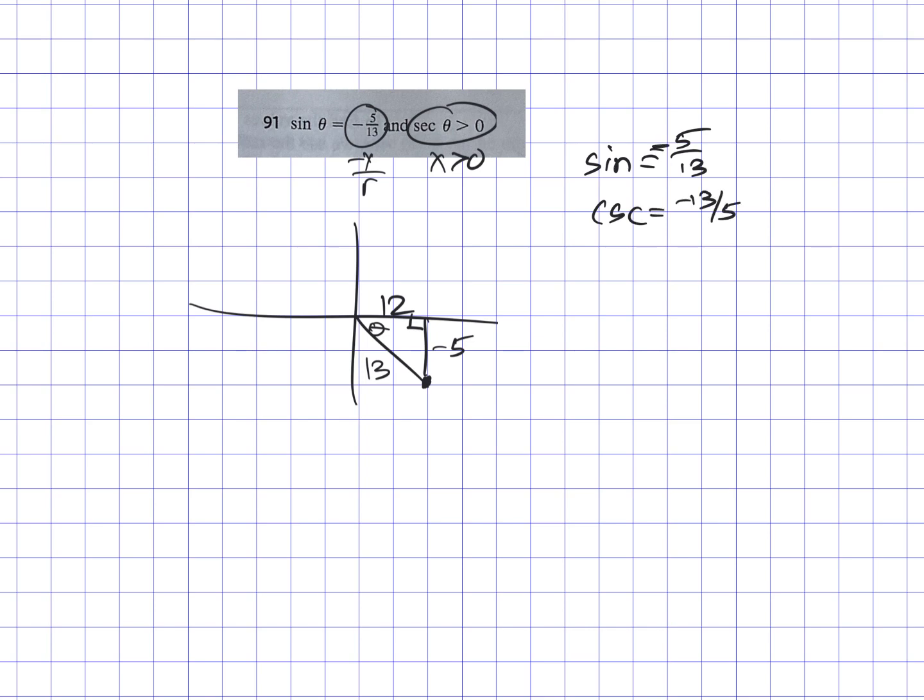Negatives over there. All right, the cosine, the adjacent leg over the hypotenuse, and the secant is the reciprocal, 13/12. And then we have the tangent, which is opposite leg over the adjacent leg, and the cotangent is the reciprocal, negative 12 over 5. Okay.